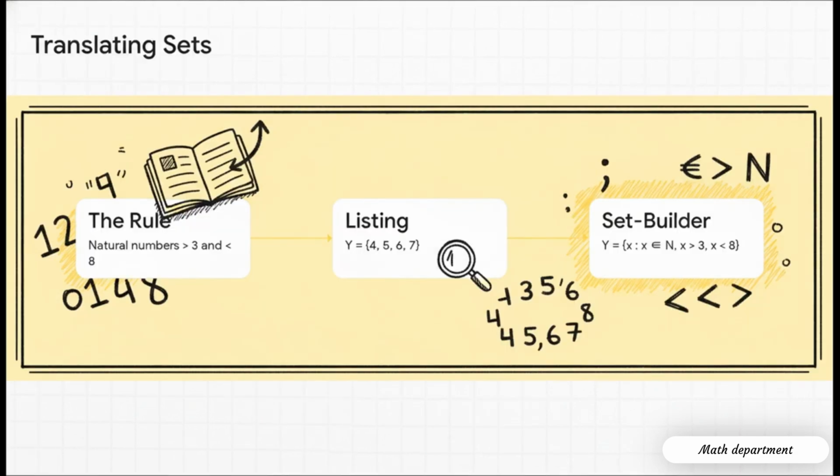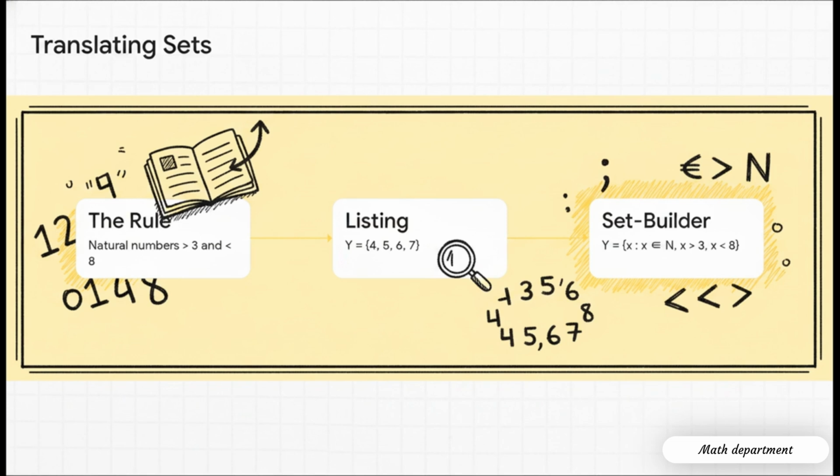Let's look at a quick trick for translating a word problem into both the listing method and the set builder method, taking it one logical step at a time. So the problem asks for natural numbers greater than 3 and less than 8. Let's call our set Y. For the listing method, it's easy. I'm just going to write out the numbers 4, 5, 6, and 7 inside my braces. But for the set builder method, watch how we write this out.